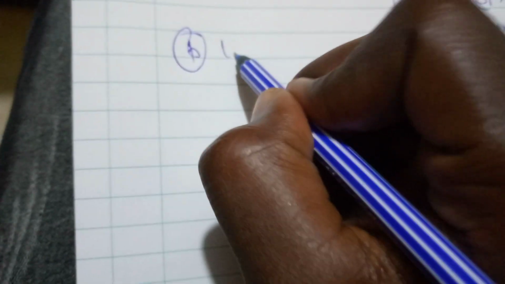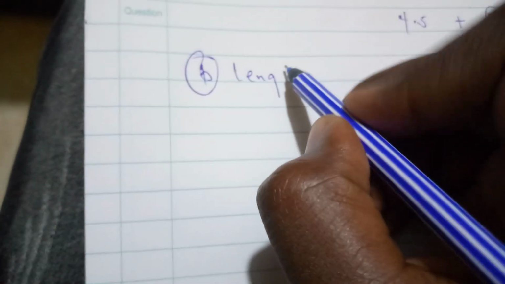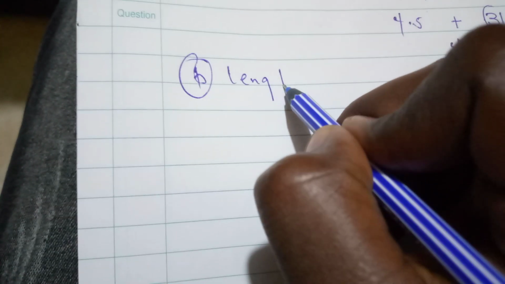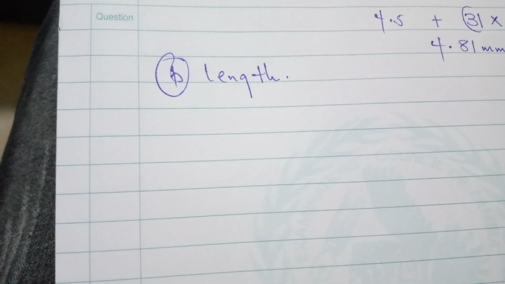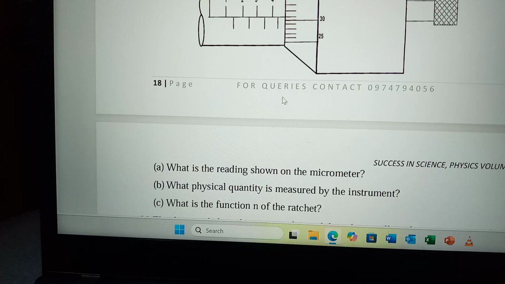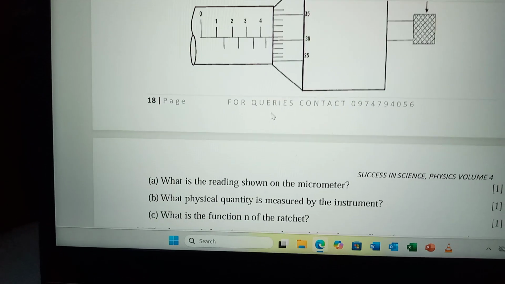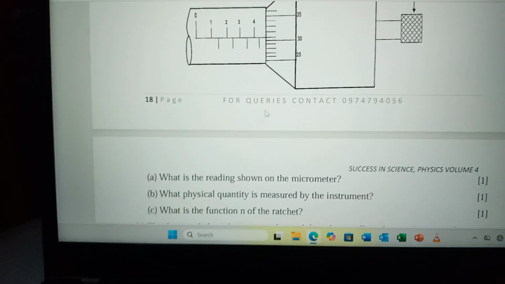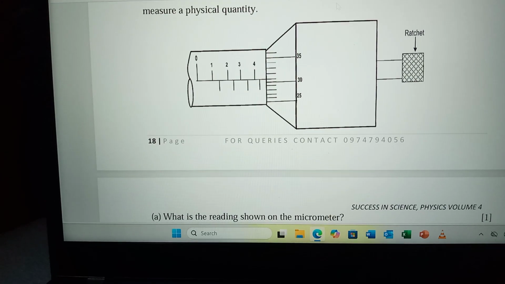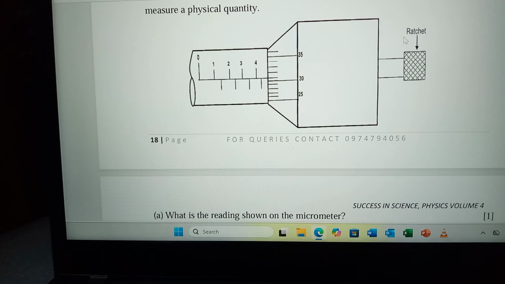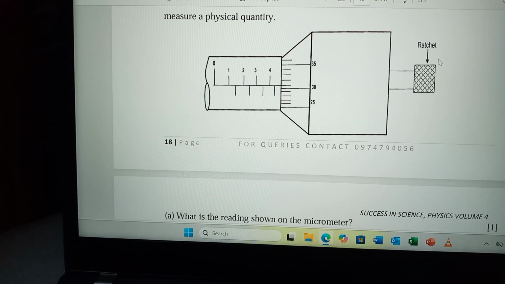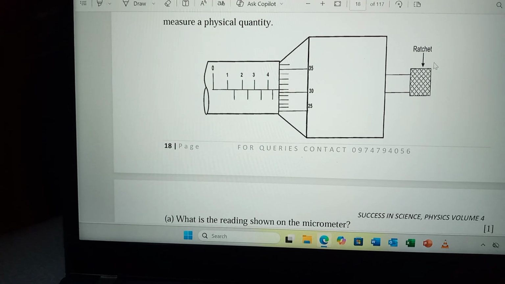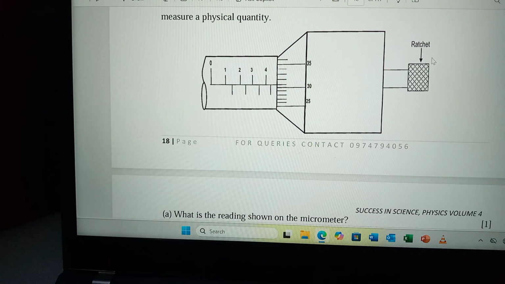So length, that is the physical quantity that the micrometer screw gauge measures. And then they are saying, what is the function of the ratchet? So that part that you are seeing there, called the ratchet, ensures accurate and repeatable measurement.